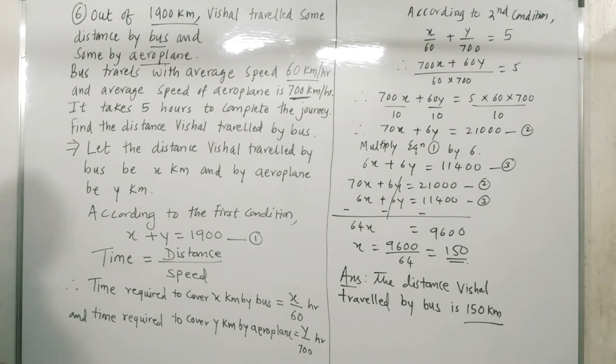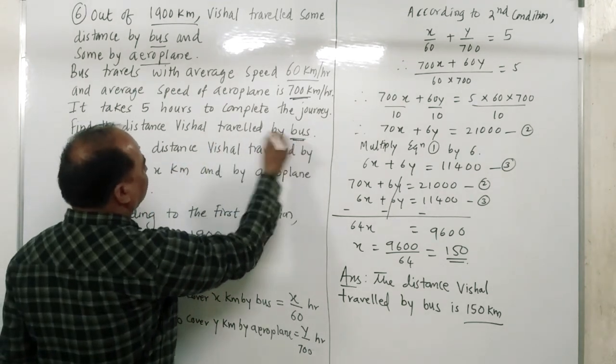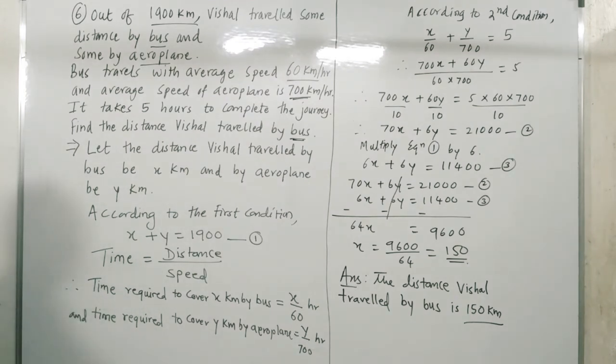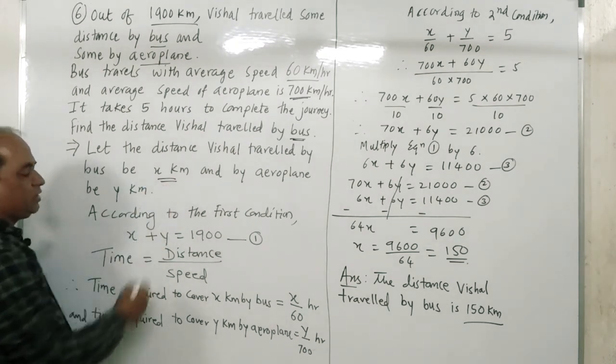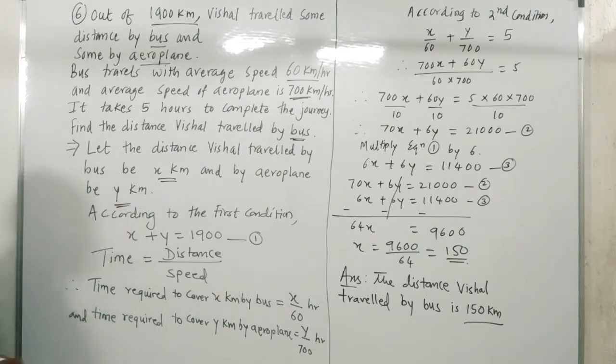If it takes 5 hours to complete the total journey, find the distance traveled by Vishal by bus. So let the distance Vishal traveled by bus be x kilometer and by aeroplane be y kilometer.